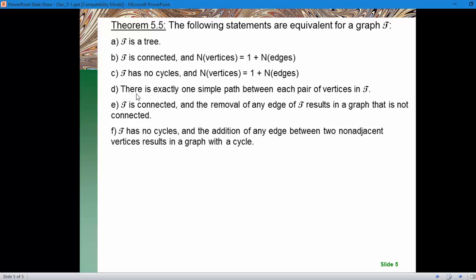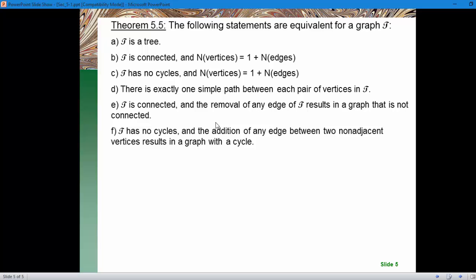For example, another way to describe trees is to say that there is exactly one simple path between each pair of vertices. If you see a graph that has this property, where there is exactly one simple path between each pair of vertices, then you're guaranteed that that graph is a tree.